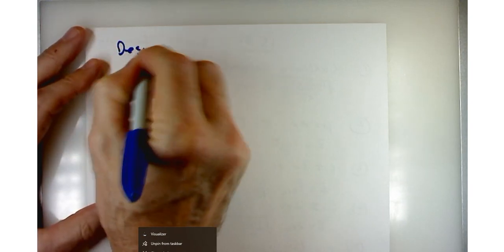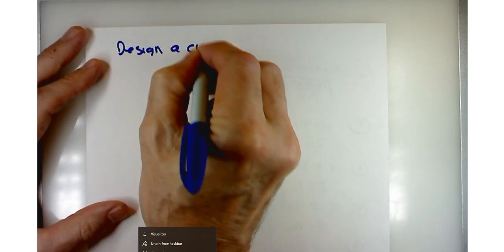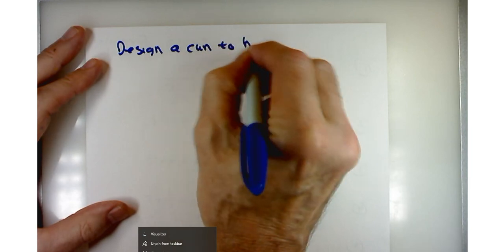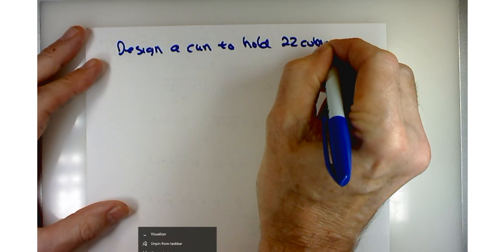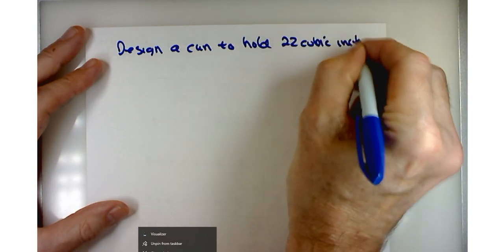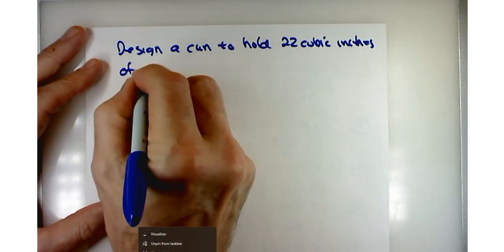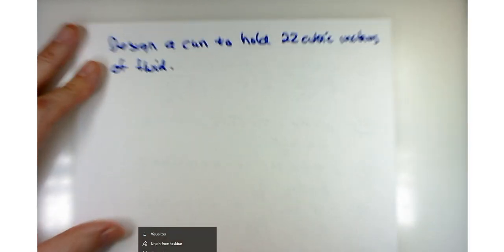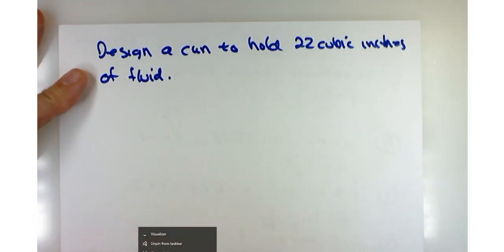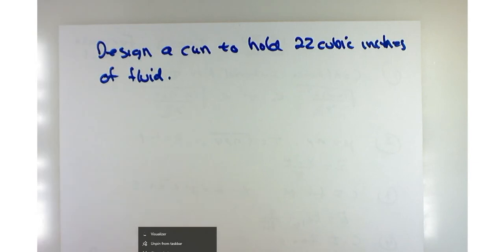So design a can to hold 22 cubic inches of fluid. And really it's 22, it's fluid plus a little bit of airspace at the top.